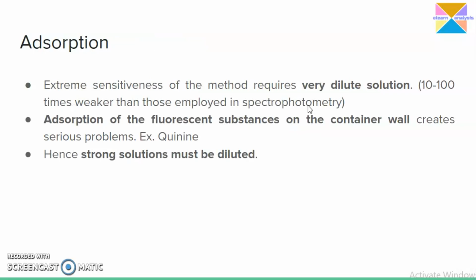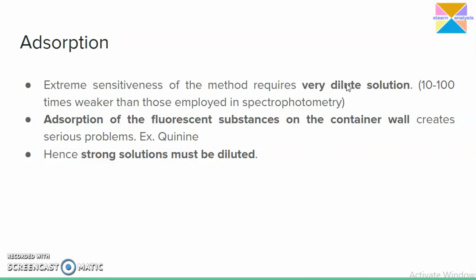So coming to adsorption, the extreme sensitiveness of the method requires very dilute solutions, as I mentioned, 10 to 100 times weaker than those employed in UV visible spectroscopy. So the concentration of the samples we prepare in fluorimetry is much more dilute when compared to UV visible spectroscopy. Adsorption of the fluorescent substance on the container walls creates serious problems.